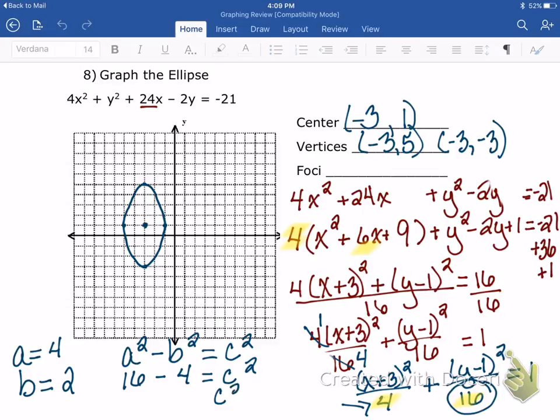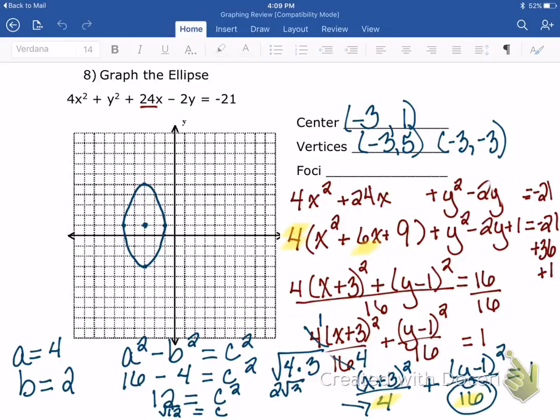So c squared equals 12. Since c squared equals 12, c equals the square root of 12. Okay, so what we're going to do now is simplify the square root of 12. So the square root of 12 simplifies to 4 times 3, and we can take the square root of 4, which is 2.